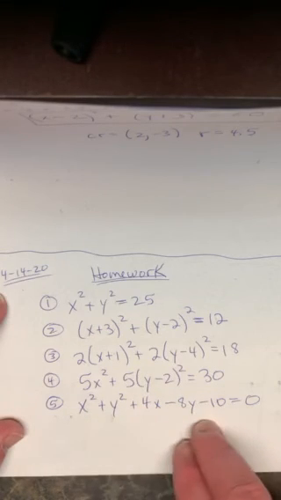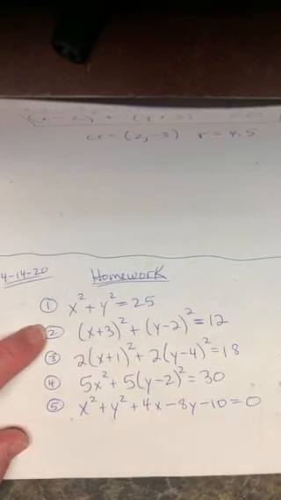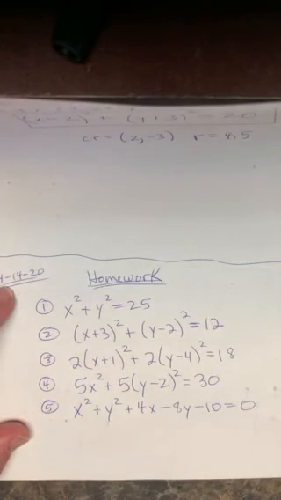You're going to complete the square on each and try to get it into standard form. But you don't have to graph that last one. You'll graph the first 4 and get number 5 into standard form, okay?